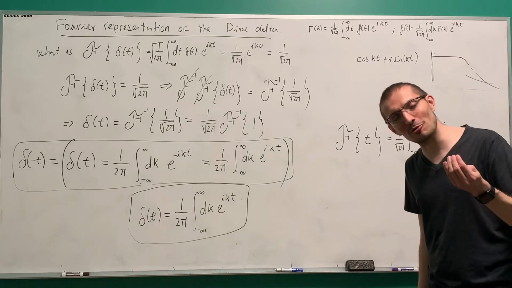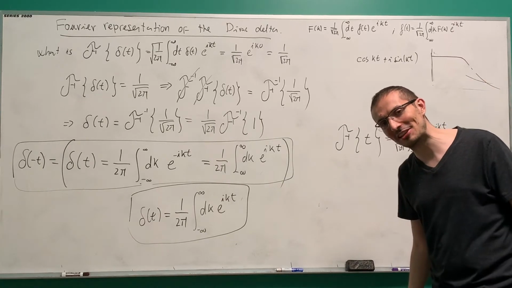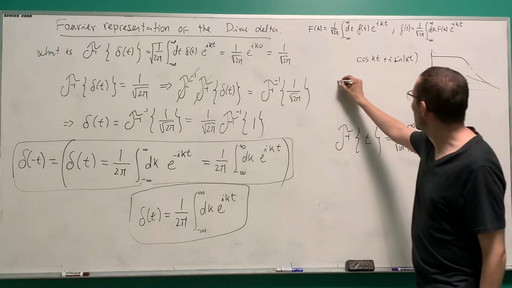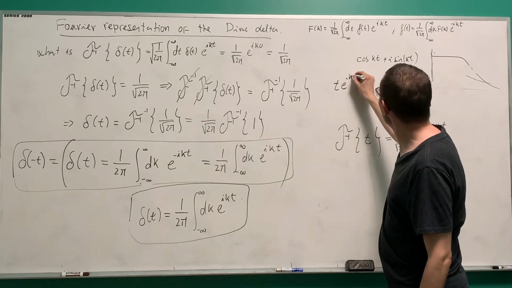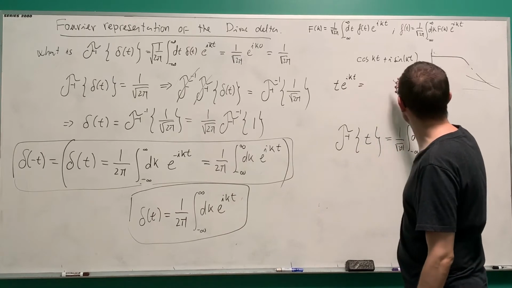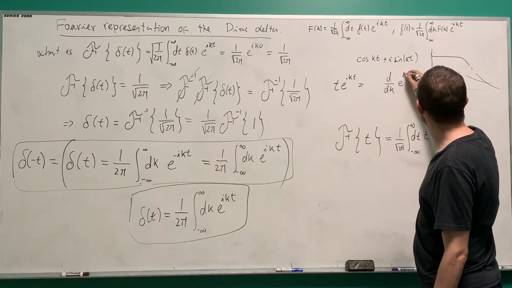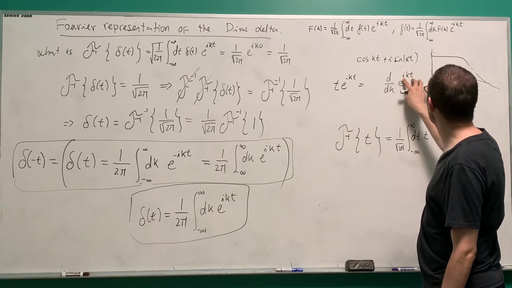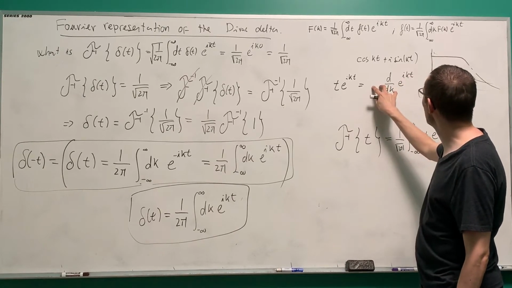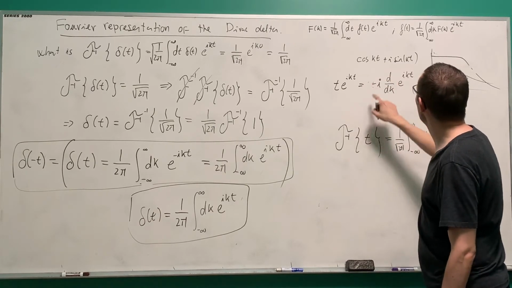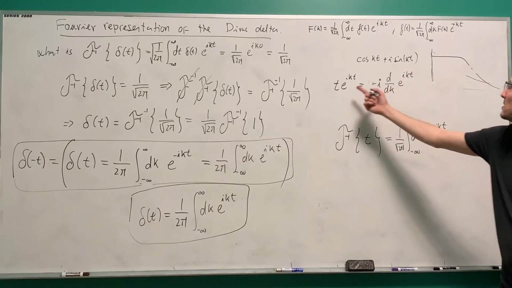But is it a distribution? And the answer is yes. Let's see what we can do. We realize quickly that t e to the I kt can be written as a total derivative, right? It's the derivative with respect to k of e to the I kt. Well, not quite, because that brings down an it. I only want a t, so I need a minus I. If I write a minus I here and do the derivative, this is exactly equal.